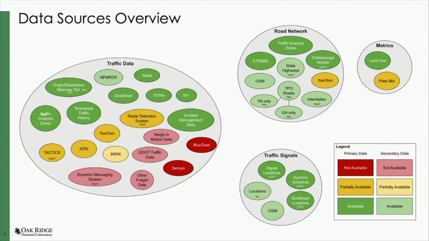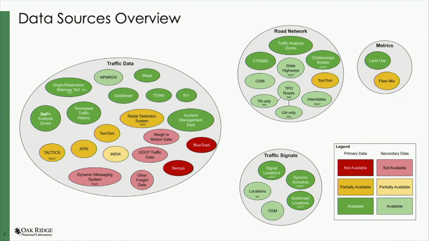We have some data sources where we only have historic data, sometimes from the previous year or the previous quarter. Some data we only get in real time, and if we want to store it, we need to make that happen ourselves. So there's a big disparity of different types of data at different frequencies that we're trying to deal with.